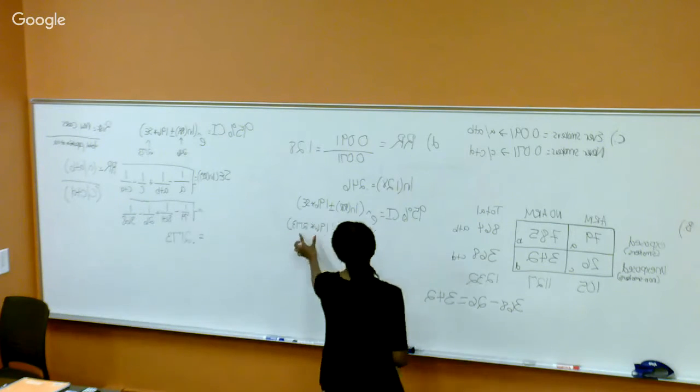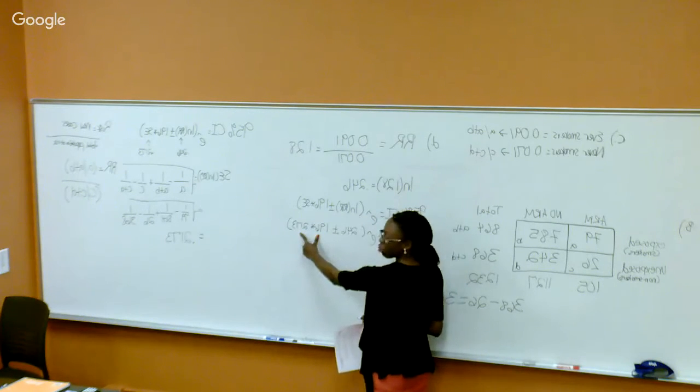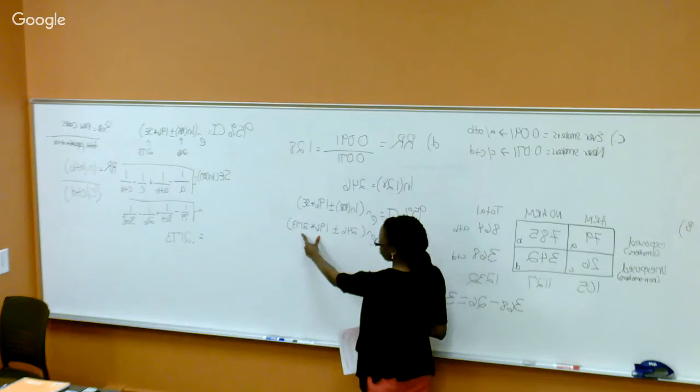Does anyone have just this part, 1.96 times 0.2173?